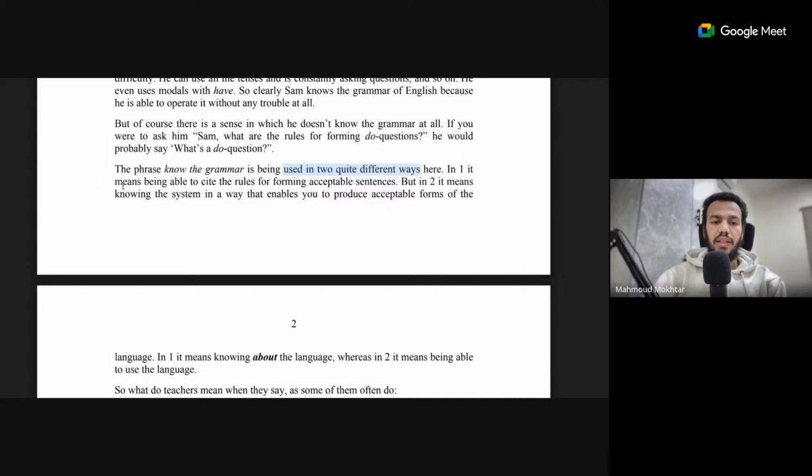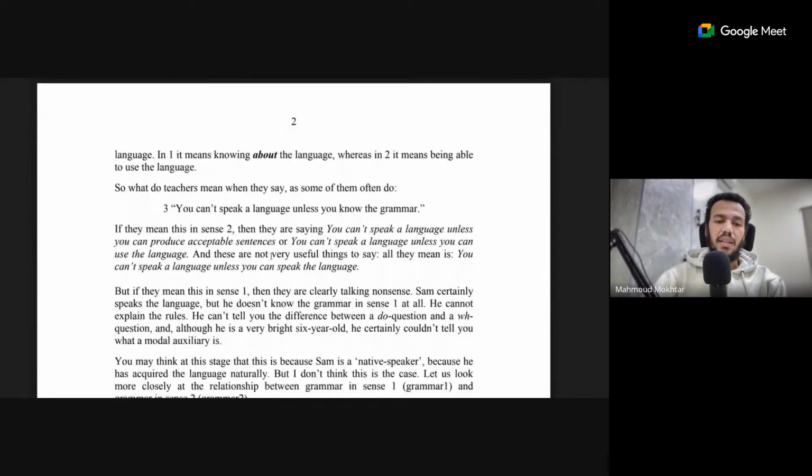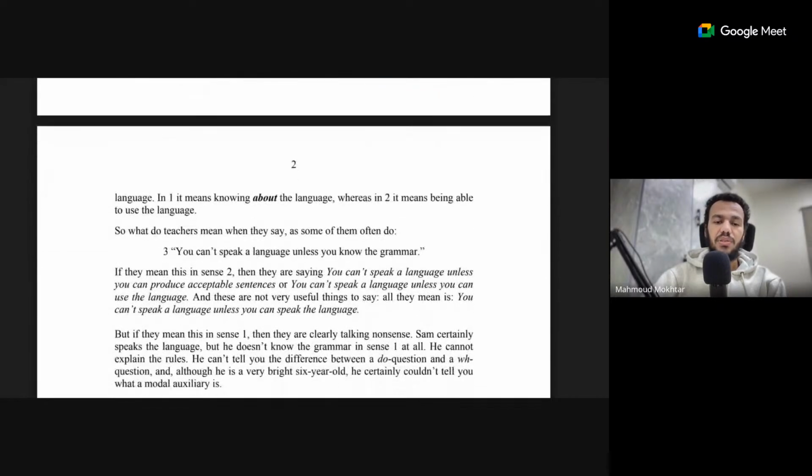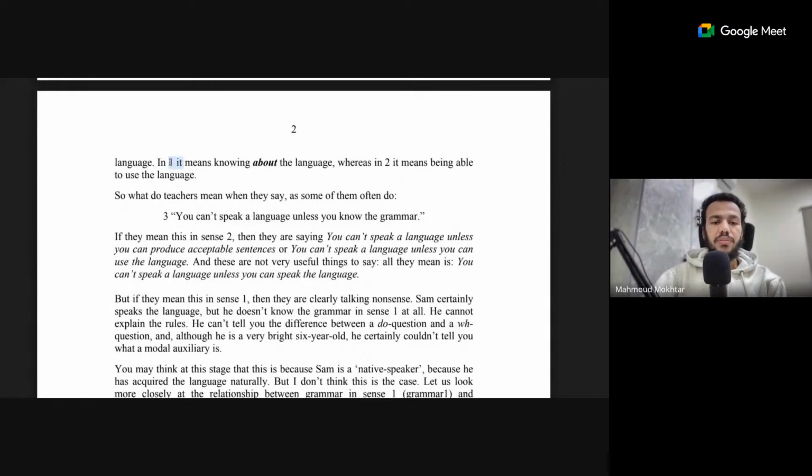In one, it means being able to cite the rules for forming acceptable sentences. But in two, it means knowing the system in a way that enables you to produce acceptable forms of the language. In one, it means knowing about the language, whereas in two, it means being able to use the language.